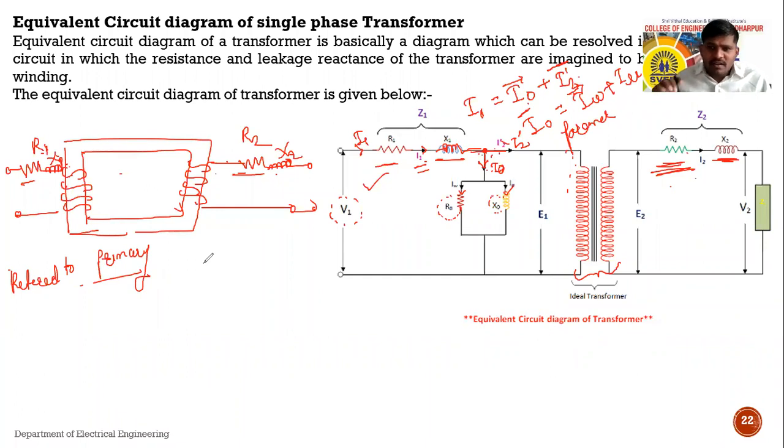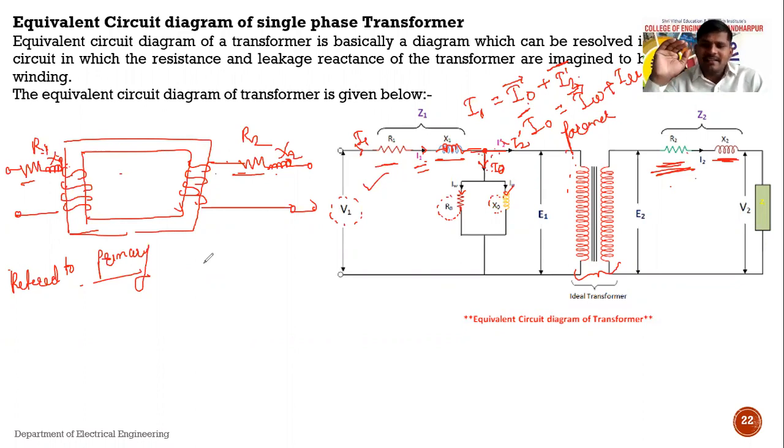So see, all of you understood the meaning of referred value in one sentence. Referred to primary means that the secondary values are transferred to primary side. Referred to primary means the secondary values of the transformer can be transferred to the primary side.